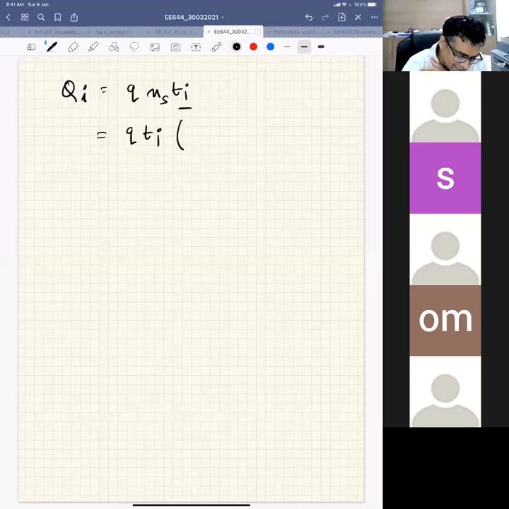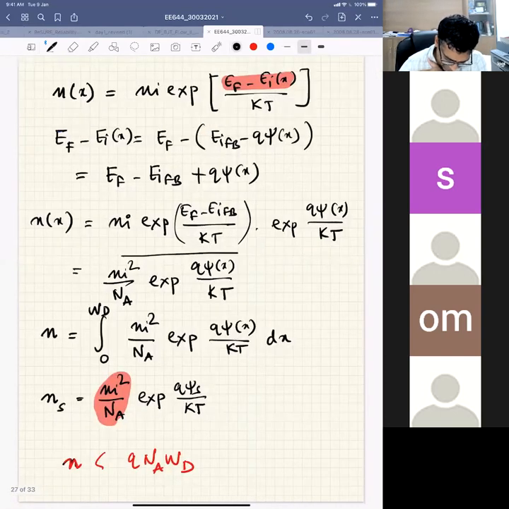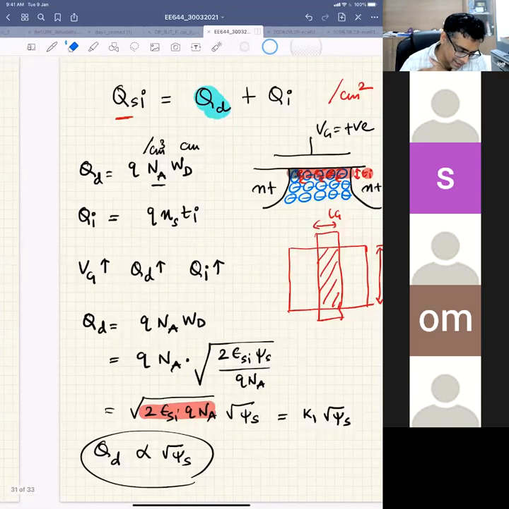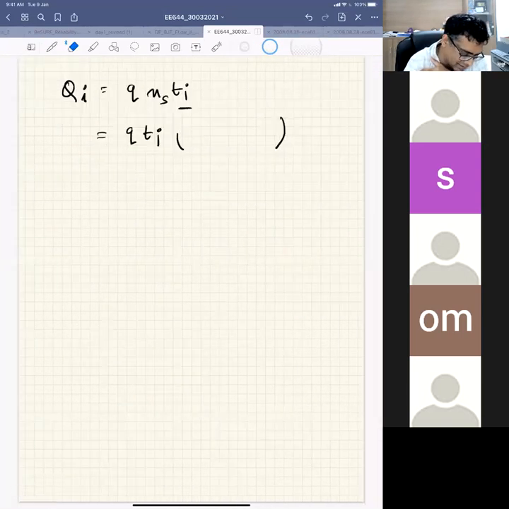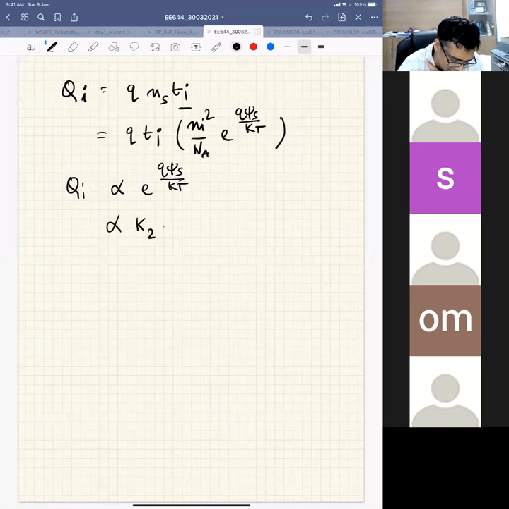But Ns, as we derived here, is Ni square divided by Na times exponential of Q psi s by Kt. So the inversion charge can be written as K2 times e to the power K3 times Q psi s by Kt.